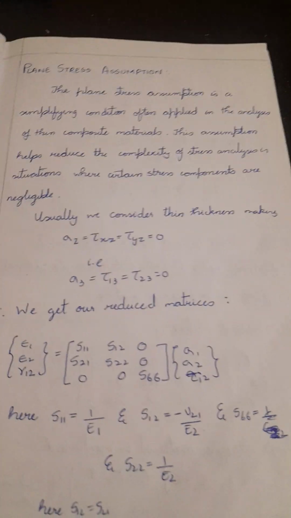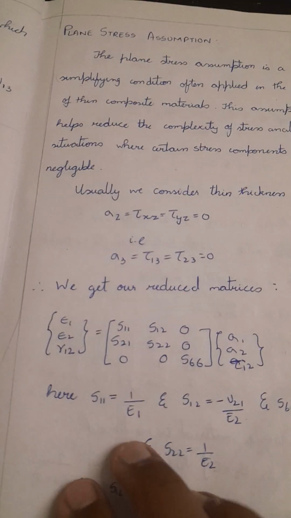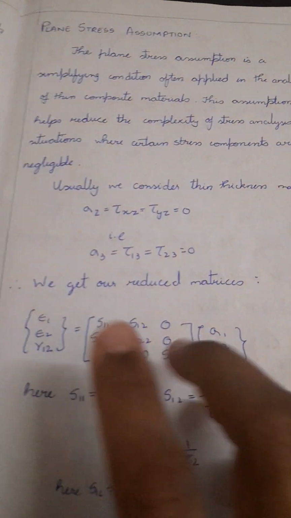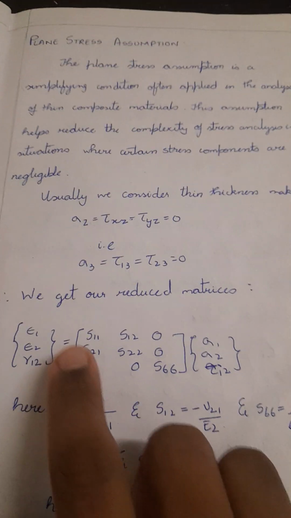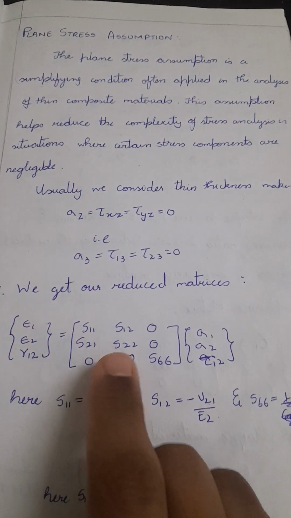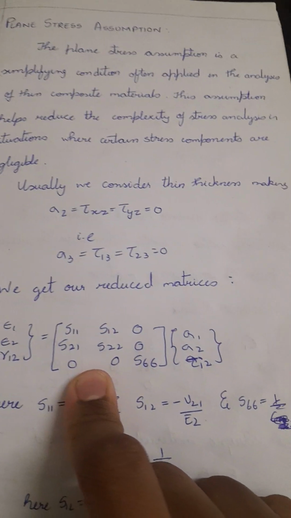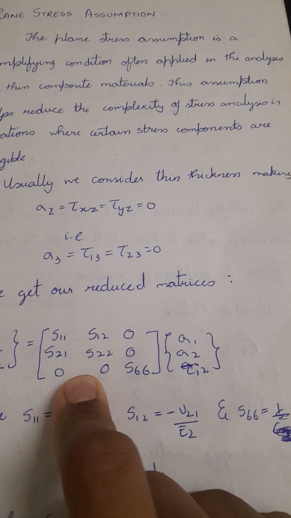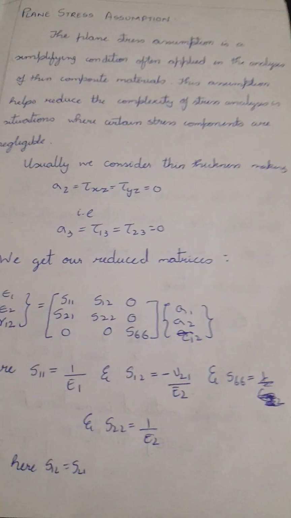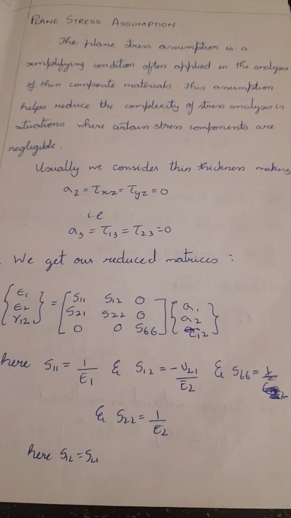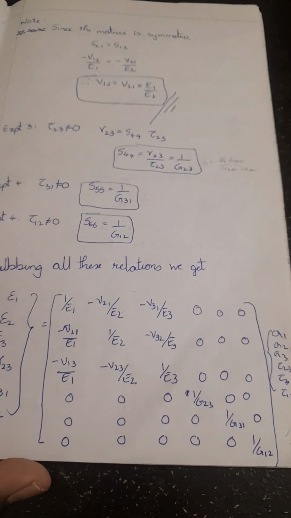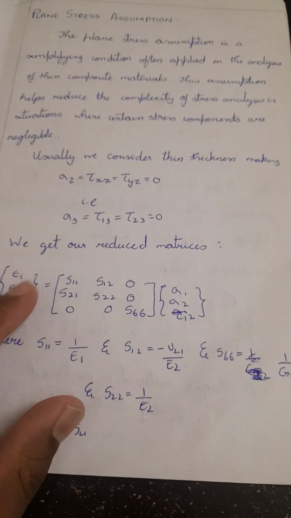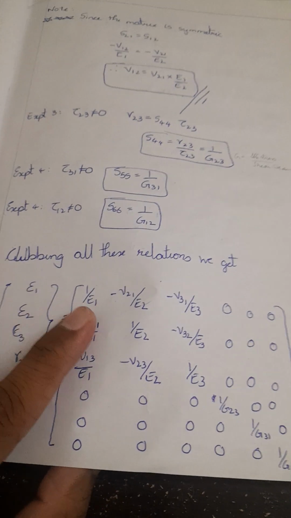This is what we call a reduced matrix. This is the reduced compliance matrix, and these are our stress components. Now if I compare this reduced matrix with the previous matrix we've seen, we can write S11 as 1 by E1, right?